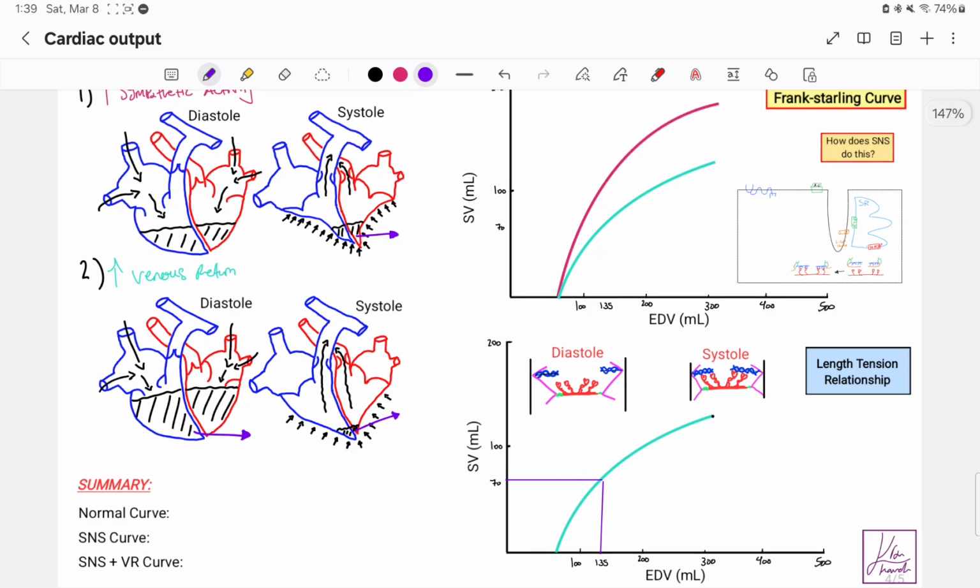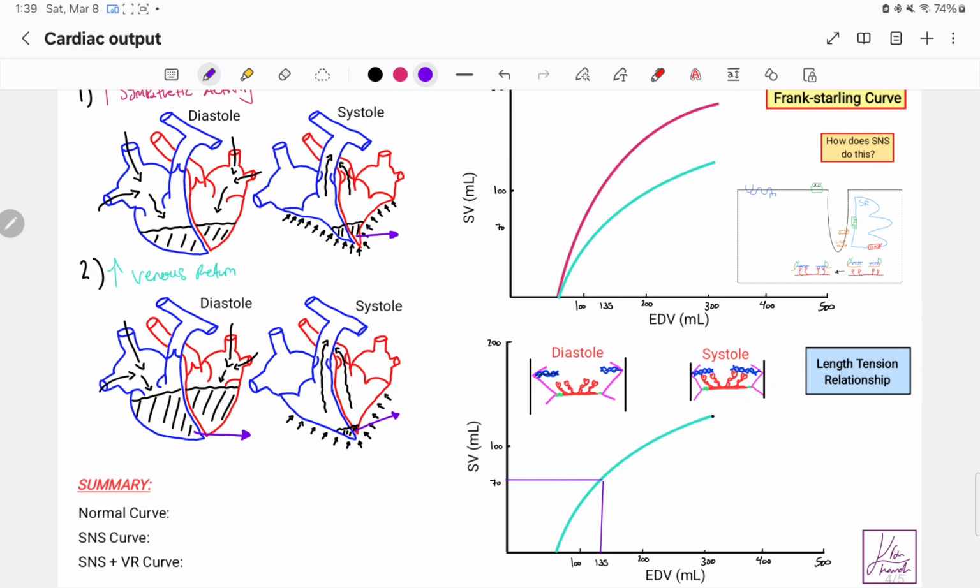Now, with the venous return, you know what's going to happen? If I have a high venous return to the heart, it is going to fill this ventricle up to the brim, okay? You know what lines the walls of this ventricle, guys? The inner part? Your myocardium, the muscle, the myocytes.